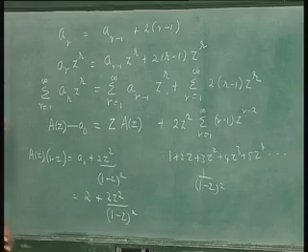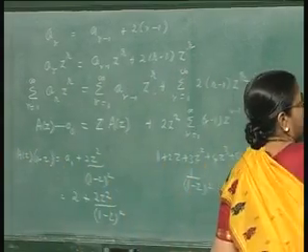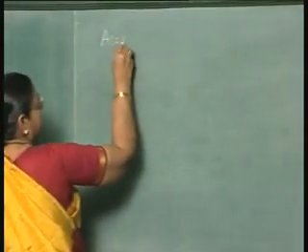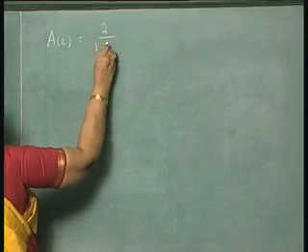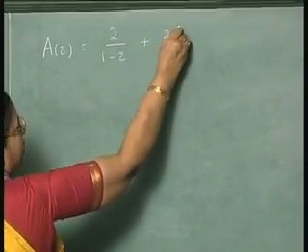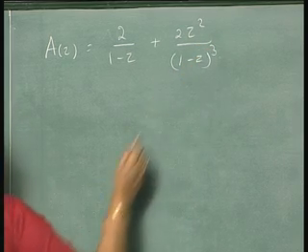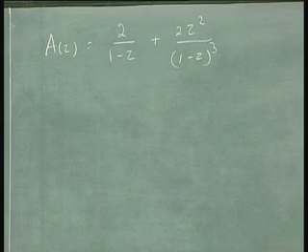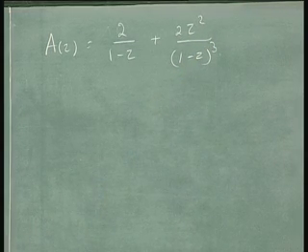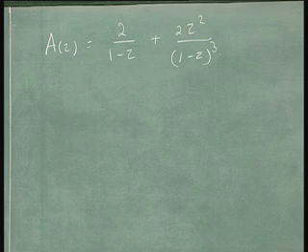So, with this you get the expression for A(z) like that. A(z) is 2 by (1 minus z) plus 2z squared by (1 minus z) the whole cube. This is the generating function for the sequence a0, a1, a2, a3, etc.